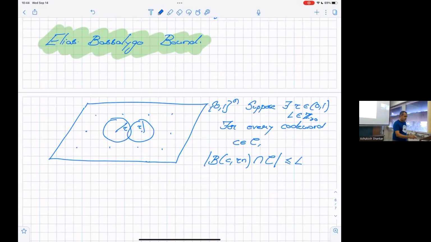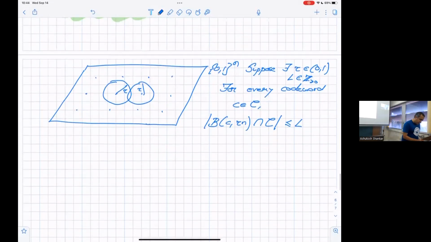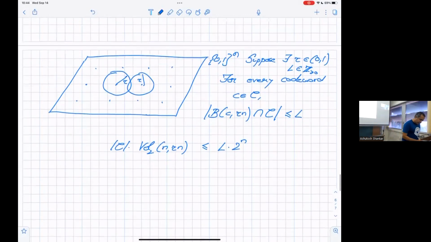So what will be the Hamming bound? You have the same thing now. You have size of C times the volume, 2^{H2(tau) n}. That's the total volume of all the balls. It has to be less than L times 2^n, because a particular point can be counted at most L times. So let's write this in the asymptotic notation.